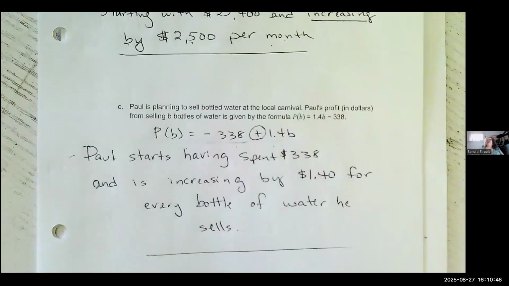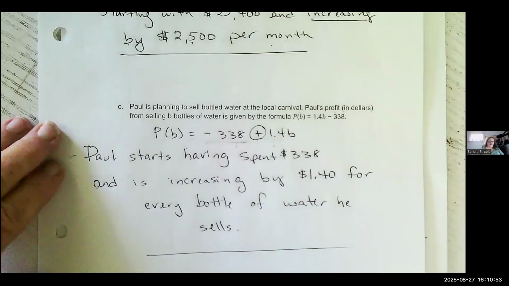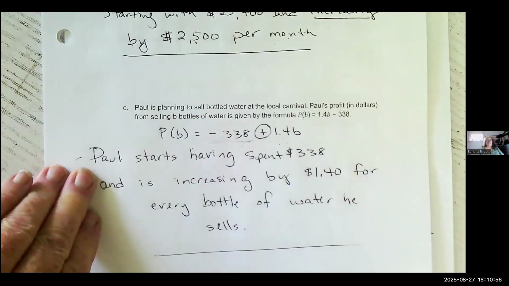It's not saying he's selling his water for $1.40, but for every bottle of water he sells, he is earning a profit of $1.40. Let me know what questions you have. I'll finish up the lecture in the next video.